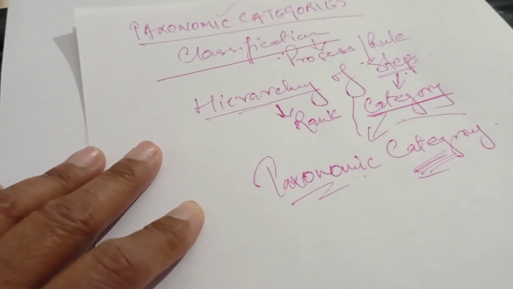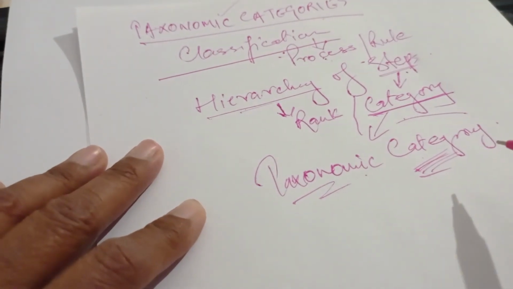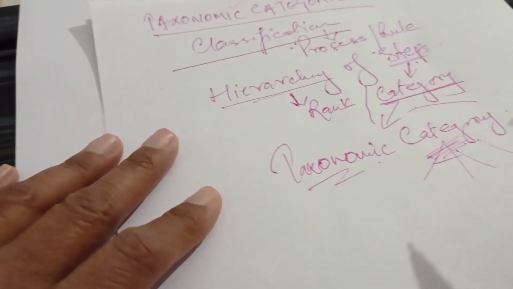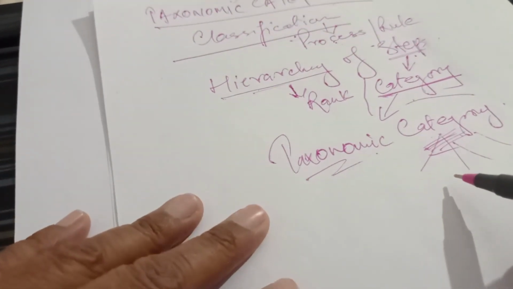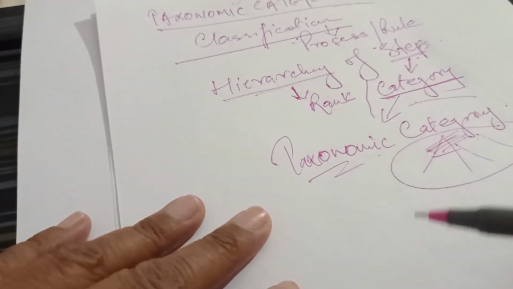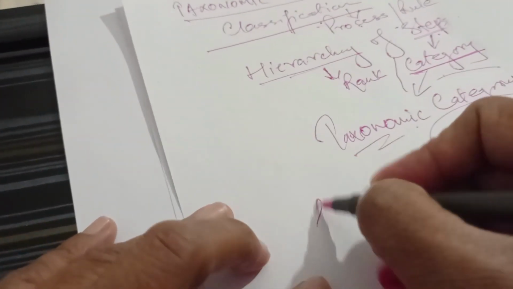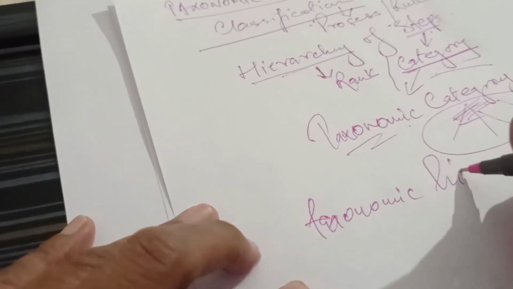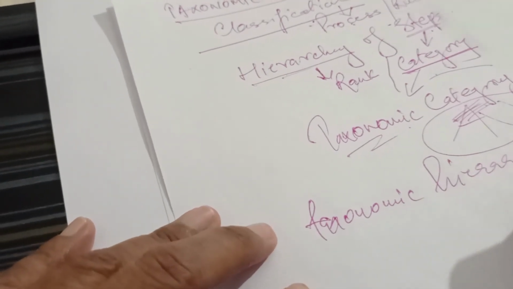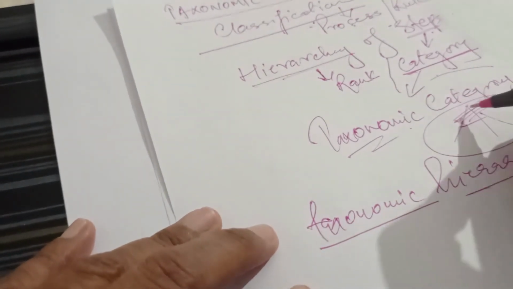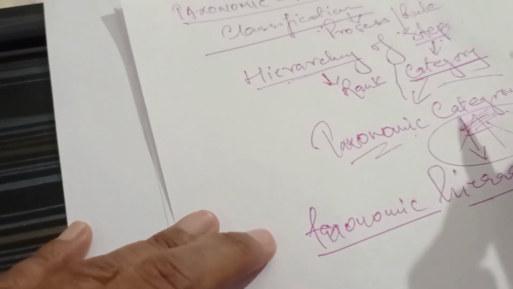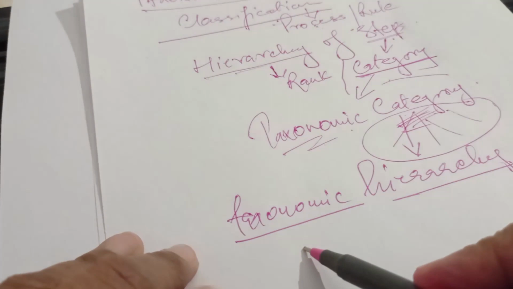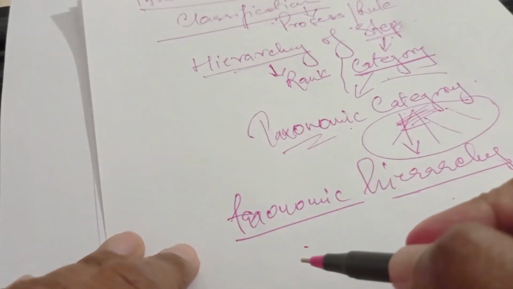And as there is a diverse variety of organisms, there will be so many categories. All the categories together form the taxonomic hierarchy. All the categories in a specific order, in a specific sequence, make the taxonomic hierarchy.